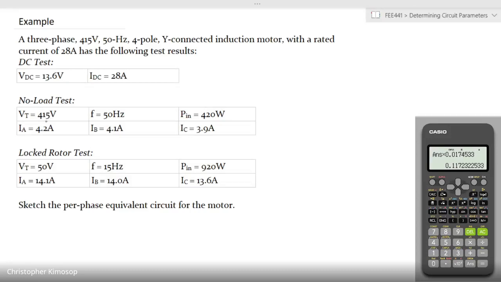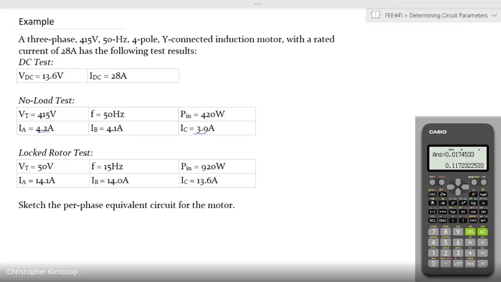Likewise, the no-load test. In the no-load test, we are able to apply the full voltage with the full frequency. However, we get low currents. Locked rotor test, remember this one, now you are creating a resistance. The rotor is not free to rotate.